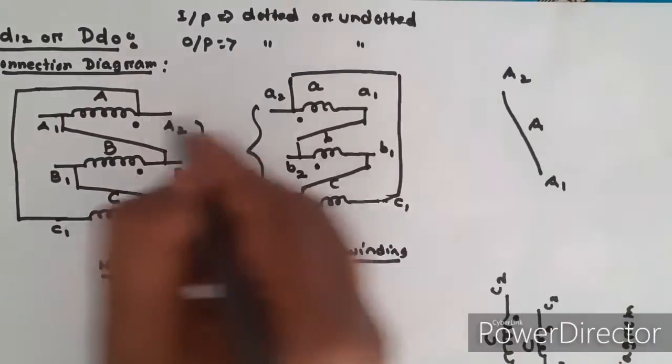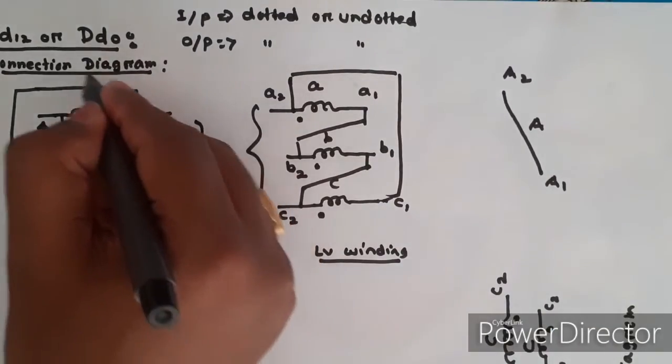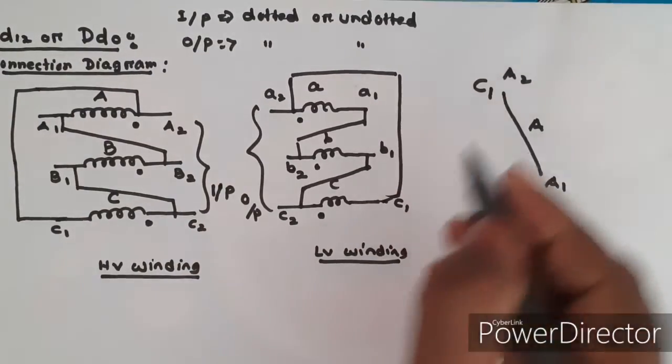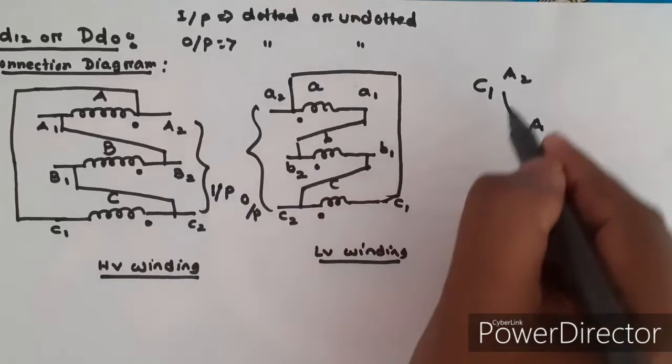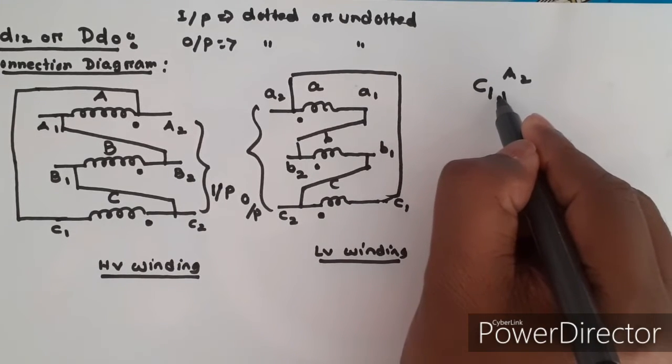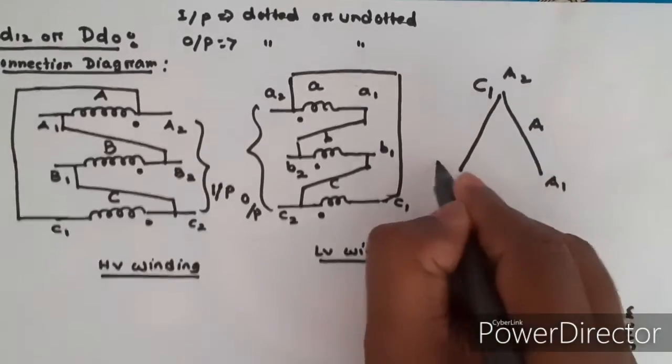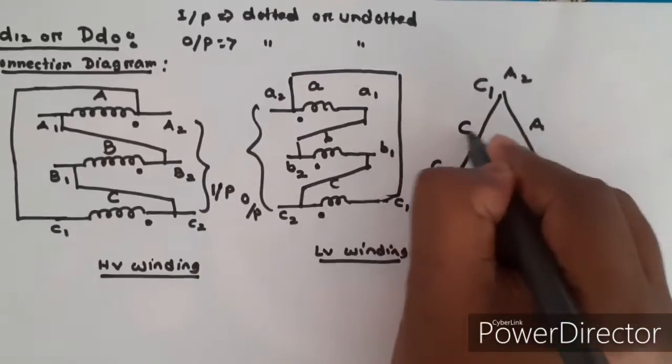Here A2 is connected to C1, therefore we draw the C phase, C1, C2. This is the C phase.